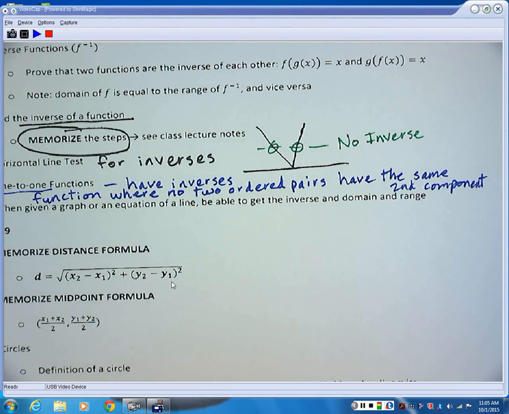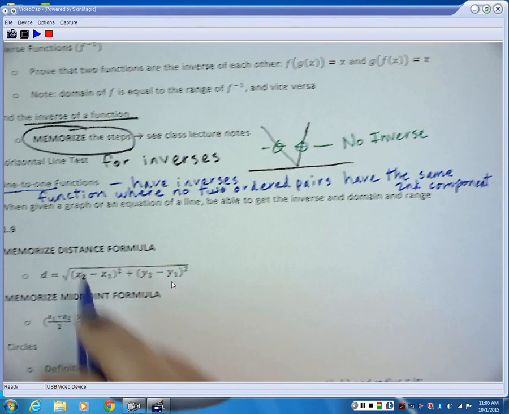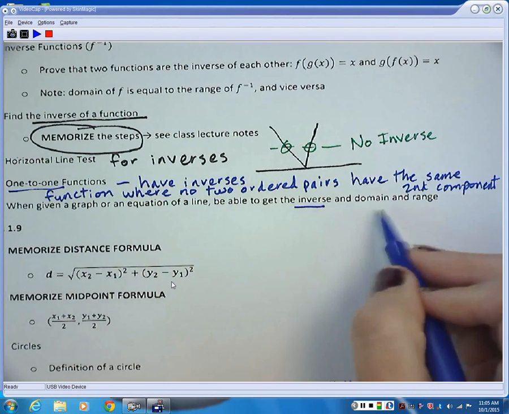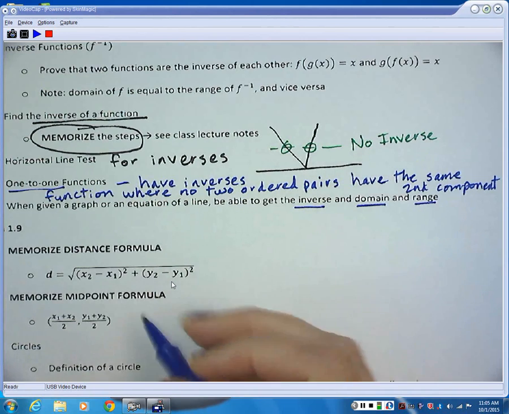All right, graphing f. You need to be able to graph. We graphed f and f inverse. You need to be able to do that. You might want to bring a straight edge to help you graph these things. So you're going to be graphing on this test. When given the graph or an equation of a line, be able to get the inverse and the domain and range from it.